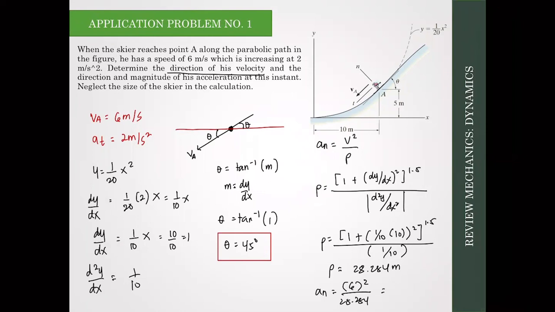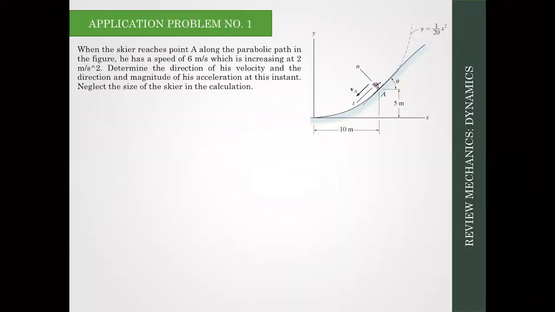On calculating, that is 1.273 meters per second squared. Okay? That is our AN. Then we need AT. So AT is given, which is 2 meters per second squared. Again, AN calculated is 1.273. We can now calculate A using the square root of AN squared plus AT squared.